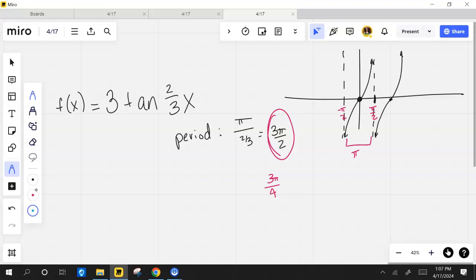Okay. So remember, fours, if I go by fours, that's halfway in between here. So I can kind of think about it like this. So 3 pi over 4. 1, 2, 3. Here's my new asymptote. These are hard.